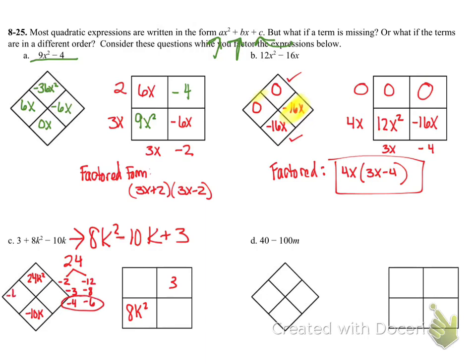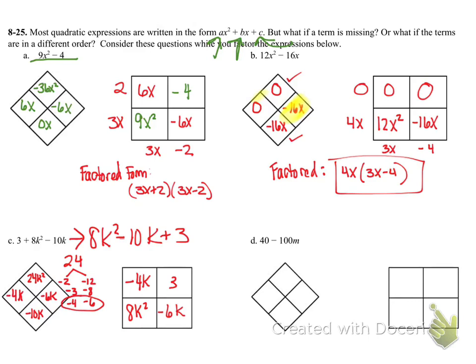We got negative 4x. Nope, k. I will not fall for it again. I refuse. Okay, so negative 4k and negative 6k. So I got my negative 4k here, and I got my negative 6k. It goes right there. And my GCF.